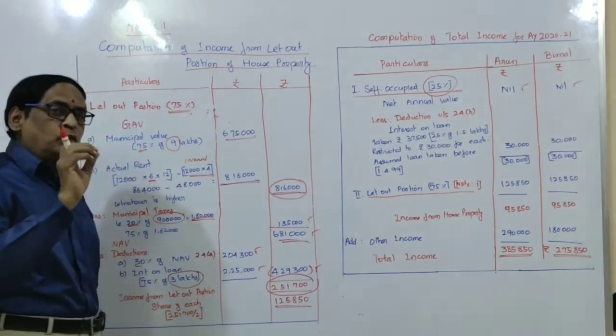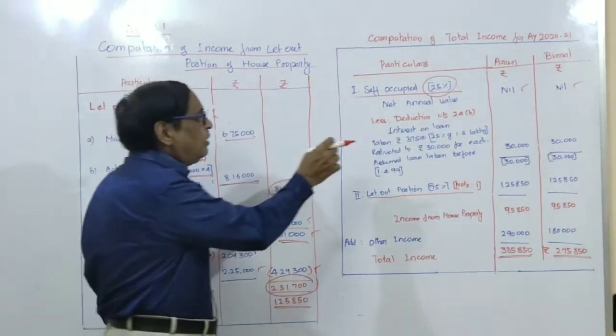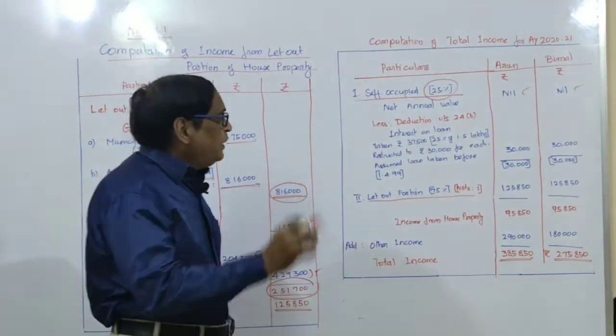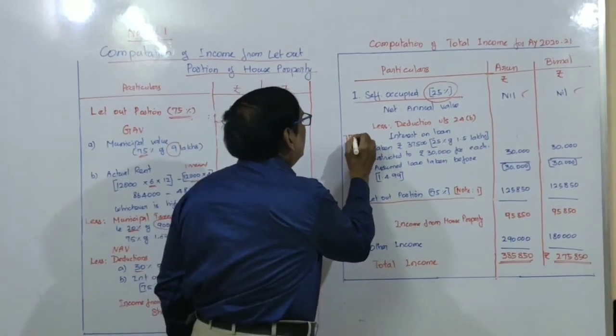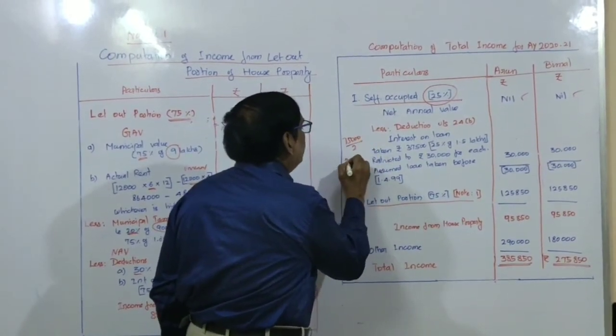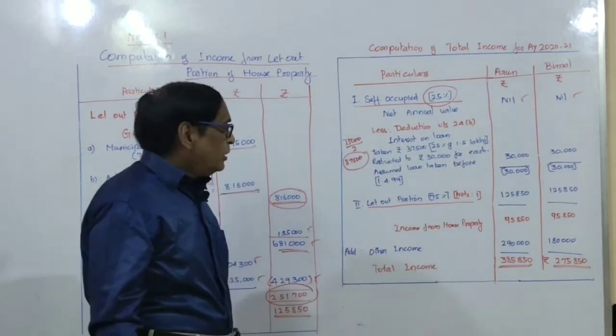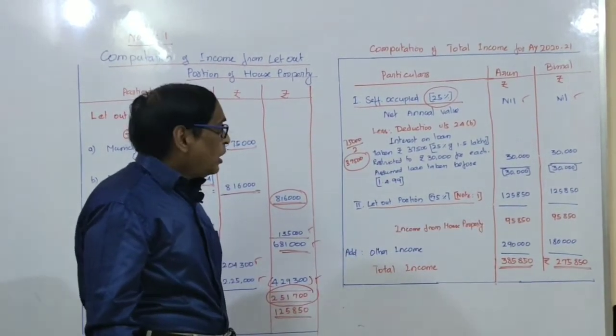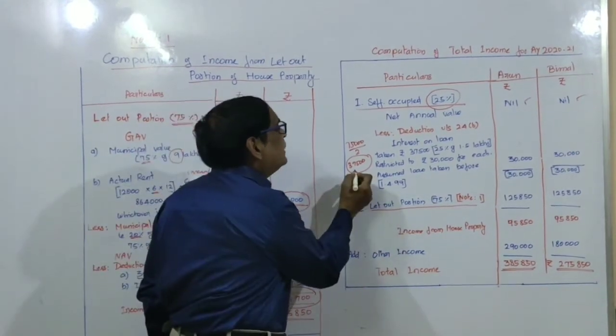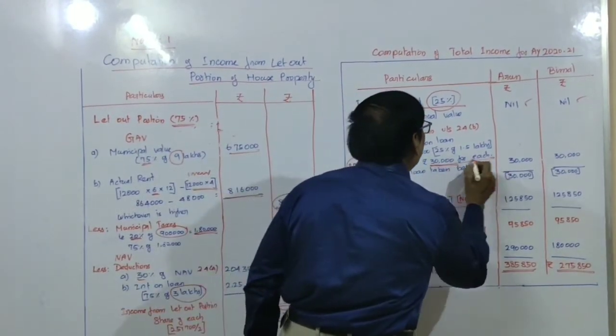The remaining 75,000 is covered for the self-occupied portion. If we divide the 75,000 by 2, that is 37,500 rupees, each co-owner can enjoy. But according to law, it is restricted to only 30,000 for each.